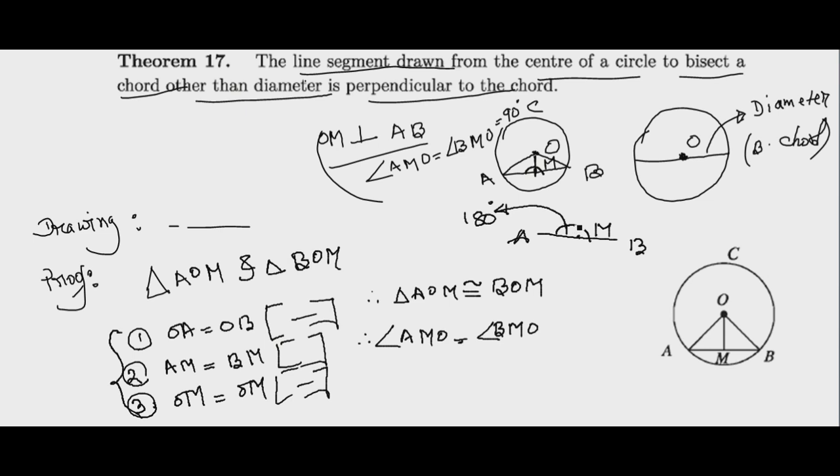So if I divide this angle into two equal parts, each angle must be 90 degree, because 90 degree plus 90 degree, it will be 180 degree. So we can say both of these angles are 90 degree. When this is the case, we can say OM perpendicular to AB, and this is our final proof.